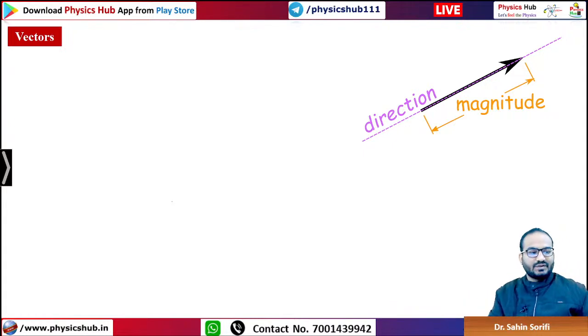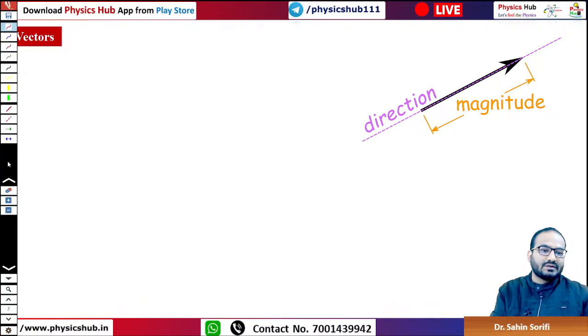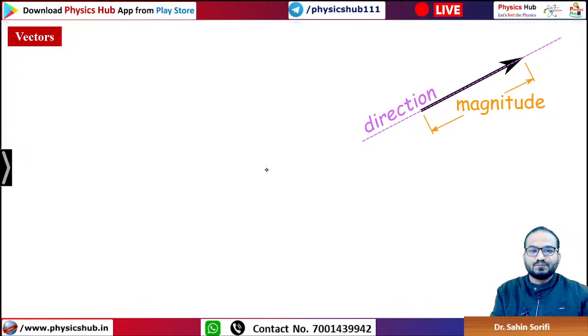Let's talk about vectors. What is a vector? When do you call something a vector? So there are two types of physical quantities: scalar quantities and vector quantities. The quantities which have only magnitude but don't have any direction are called scalars, and the quantities which have magnitude as well as direction. Okay, so let's start with the definition for the sake of completeness.